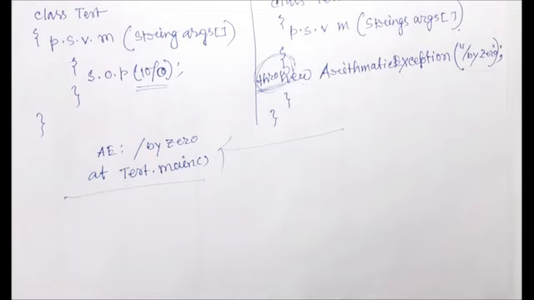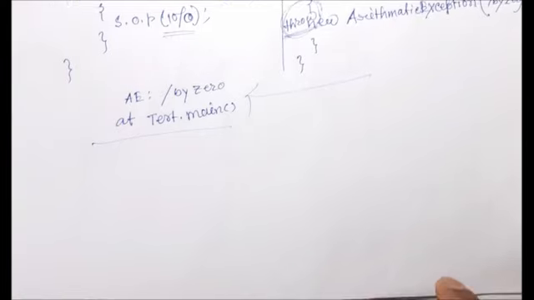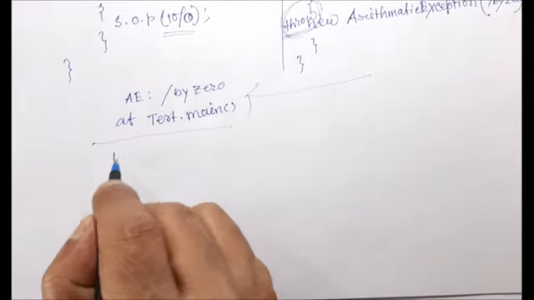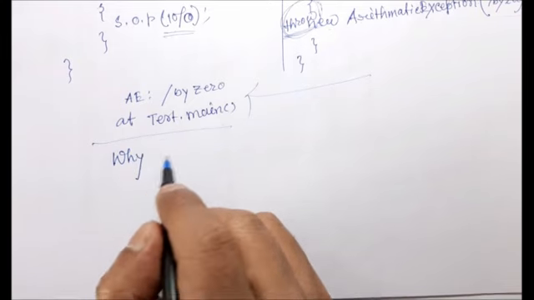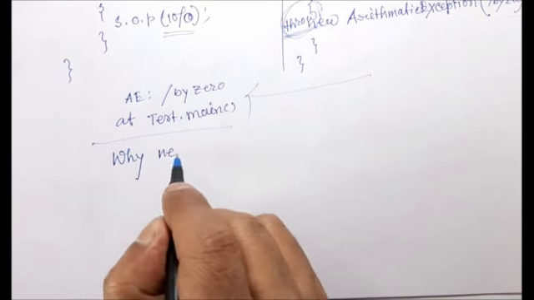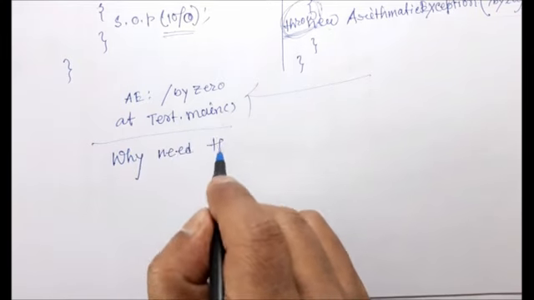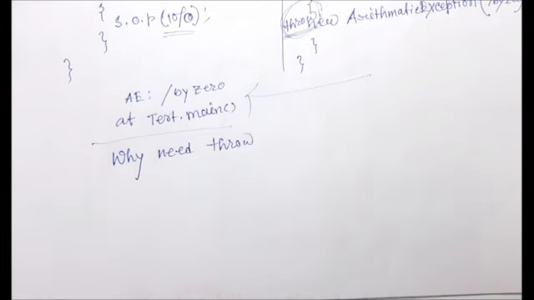Okay. I hope this example is clear to you. The next question is, why do we need the throw exception? Because in our definition we already discussed that an exception is an unexpected, unwanted event that disturbs the normal flow of execution, right?